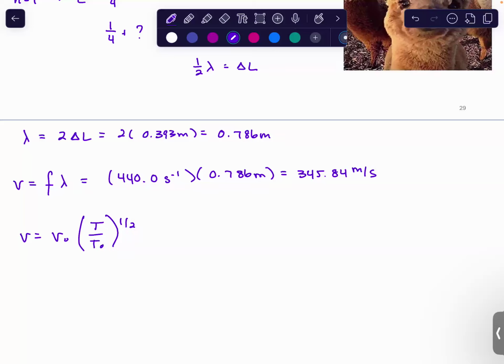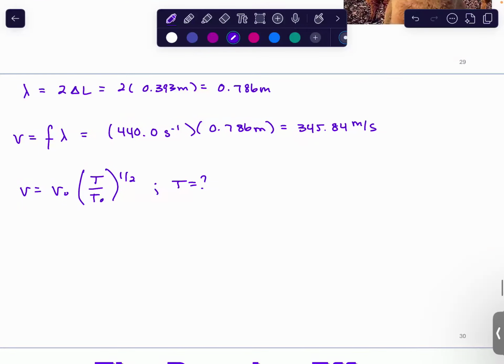So we have this. We don't know T. So let's see, we could say that T over T0 is going to be V over V0 squared. T is going to be T0 times V over V0 squared.